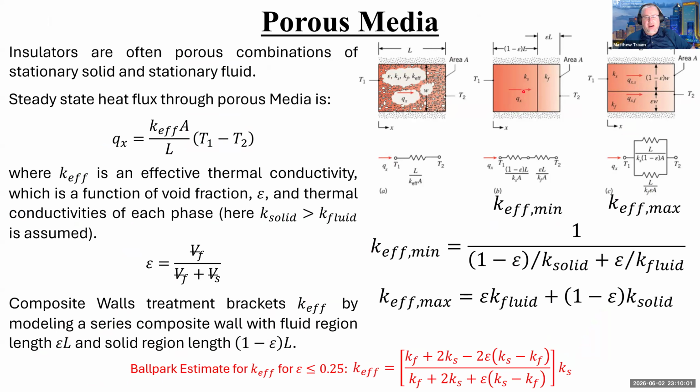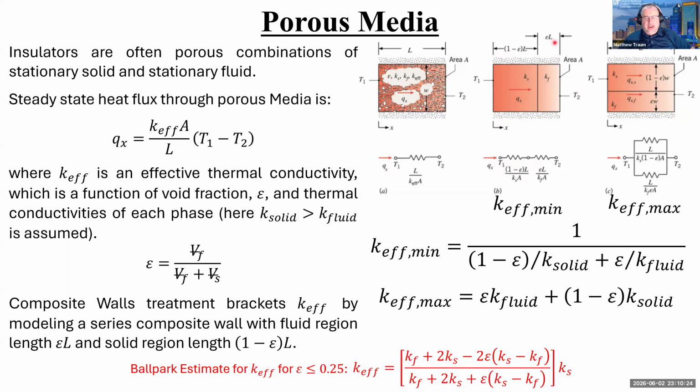So I show that here. So we have, this is going to be the solid region, right? So however much material I have that's solid, I'm going to represent that as 1 minus epsilon L, and I'm going to take the thermal conductivity for the solid, and I'm going to assign that to this first resistance in my series circuit. And then here, this is the fluid, right?